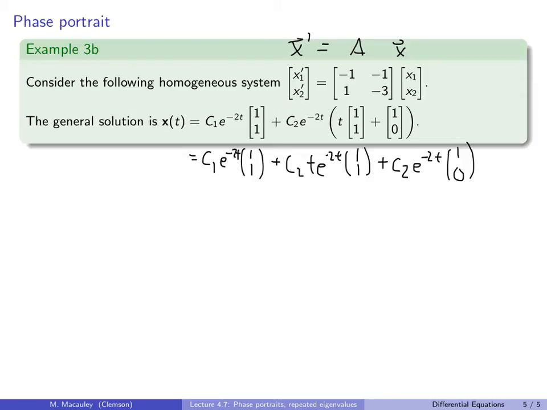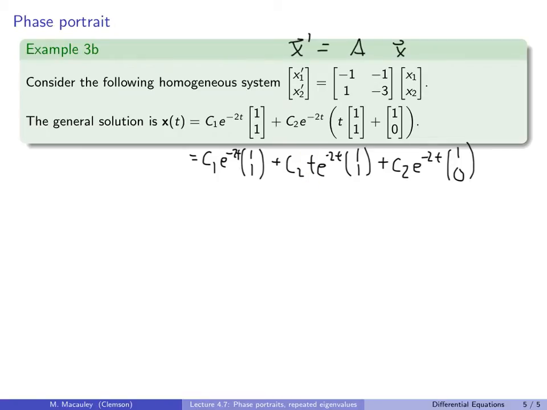What I want you to notice is that of these three terms, as t goes to infinity, all of these three terms are going to go to 0, but this term is going to go slower because of the t. As t gets larger and larger, these things get small, but this t prevents this term from going to 0 as fast as the others.